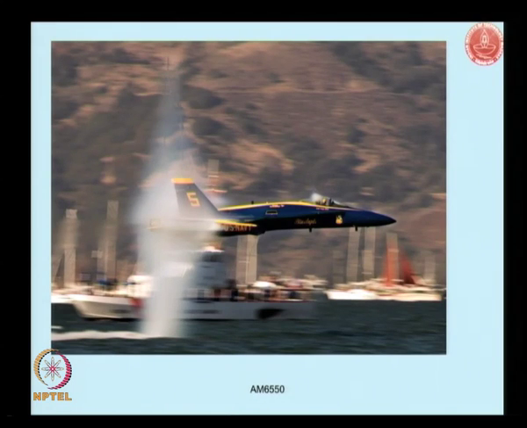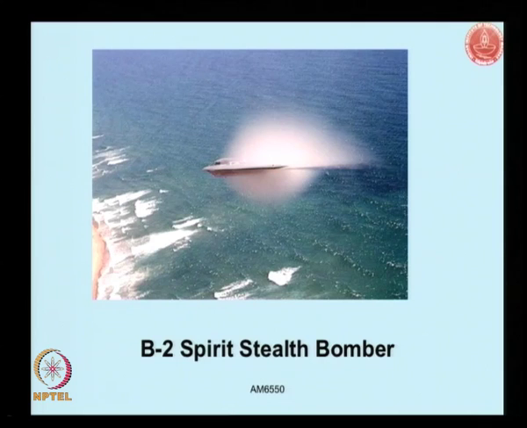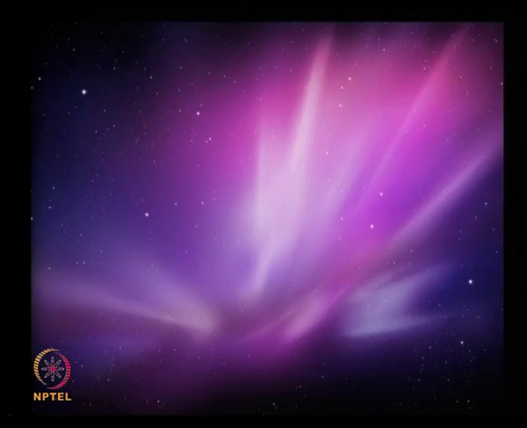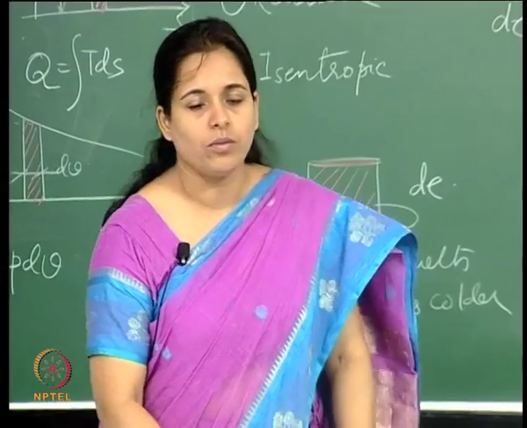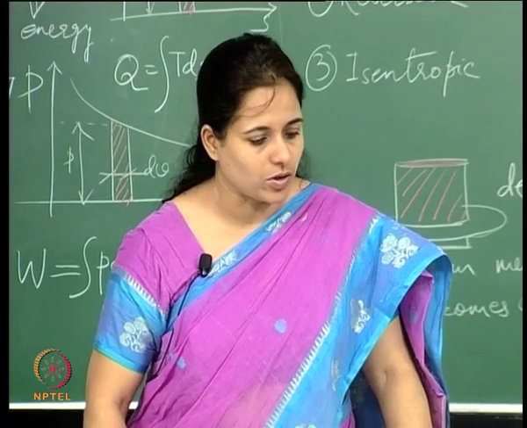Again you see some shock condensations over here, and this is also an outcome of shocks. So, again you have one more picture here. You have this stealth bomber here. So, this is also another picture showing shock waves. Okay, so these are some pictures that we saw, examples of shock waves.